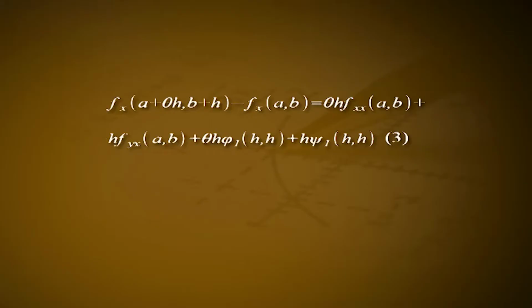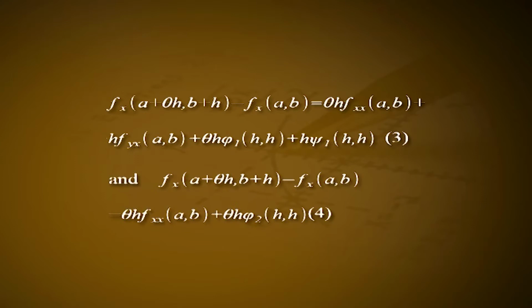Again, since f_x is differentiable at the point (a, b), we have f_x(a + θh, b + h) − f_x(a, b) = θh·f_xx(a, b) + h·f_yx(a, b) + θh·φ₁(h, h) + h·ψ₁(h, h). Let it be equation number 3.